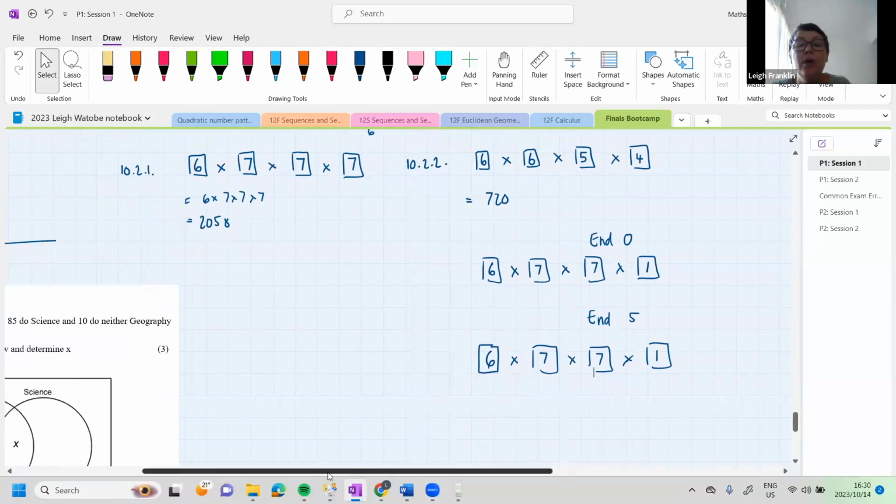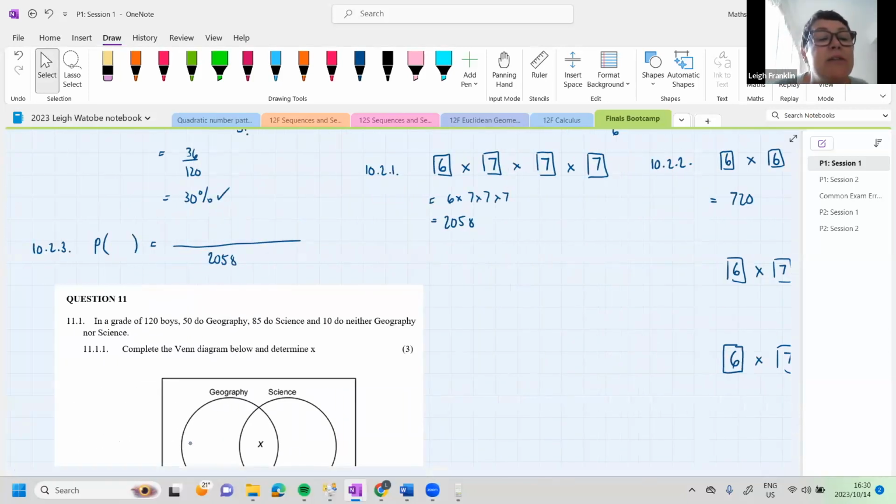So I could say 2 by 6 by 7 by 7 by 1, because there are 2 of them. Does that make sense to everybody? So that gives us 2 by 6 by 7 by 7 by 1 over, which gives us a 2 and 7 chance.